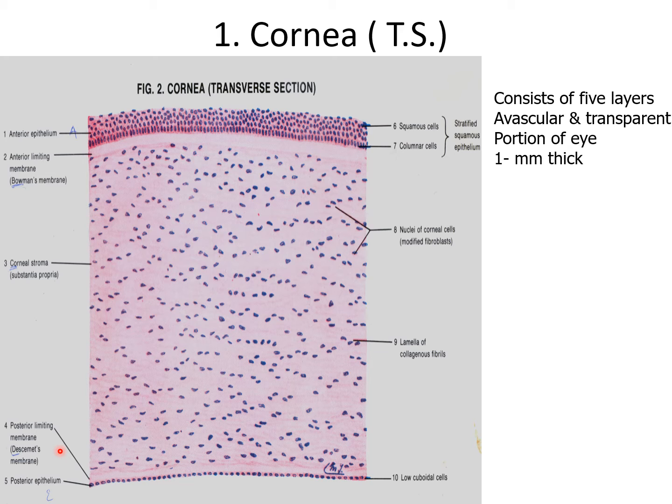Now the last one is the posterior epithelium, also given the name endothelium, because the lining epithelium of blood vessels is called endothelium. It is simple squamous epithelium. The posterior surface of the cornea is lined by a single layer of flattened cells that constitute the endothelium of the anterior chamber.